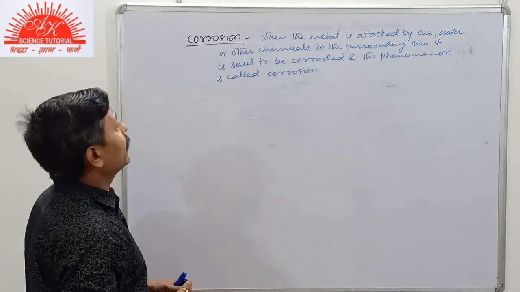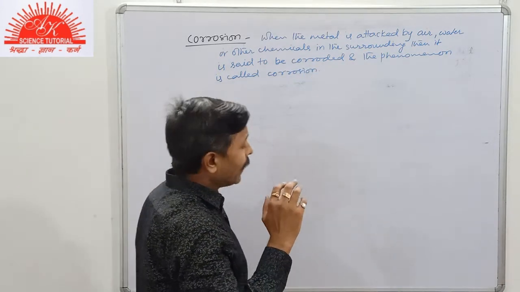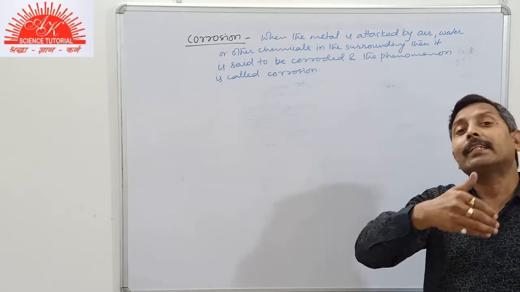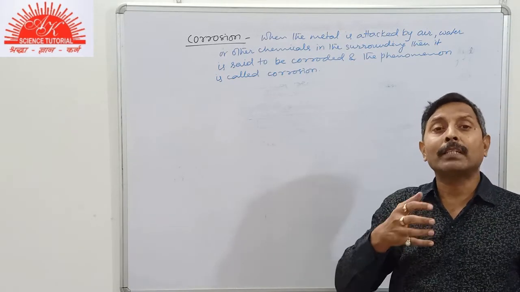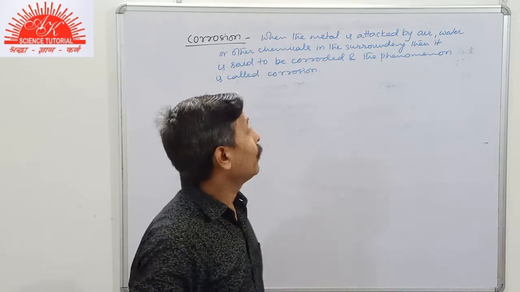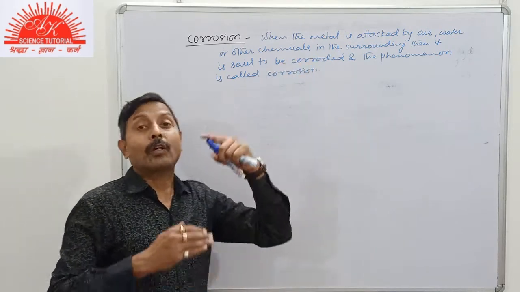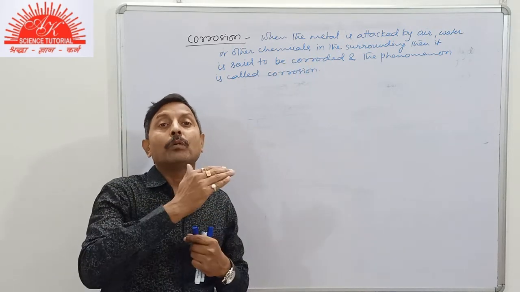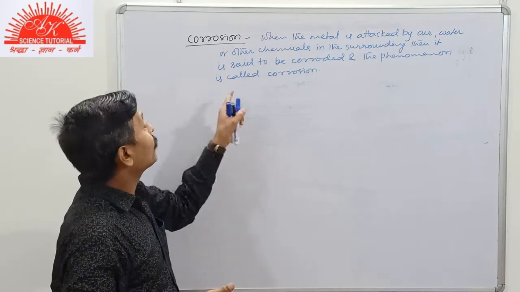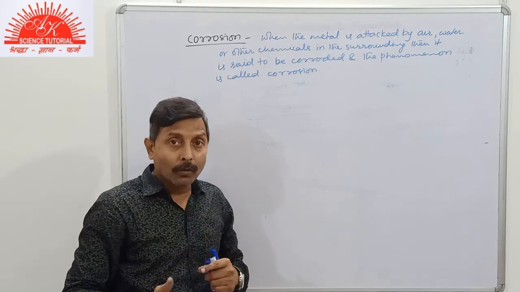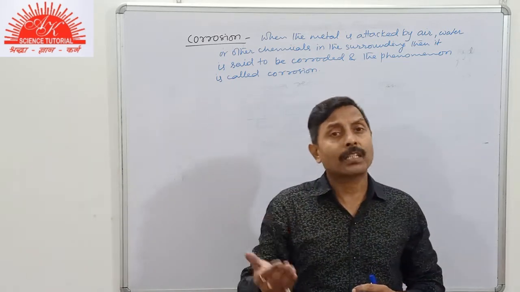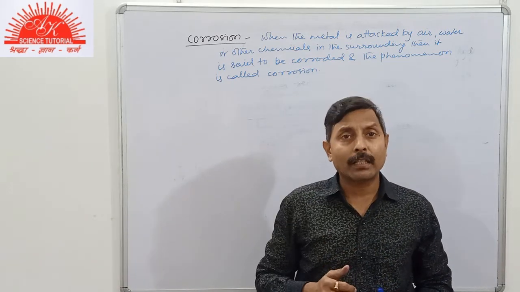So we see here that when metal is exposed to air, water, or other chemicals in the surrounding, it is attacked, means it reacts with these substances and its nature changes. Sometimes the new product formed after oxidation, after corrosion, is removed from the surface of the metal. Like many iron articles get rusted when exposed to moist air.